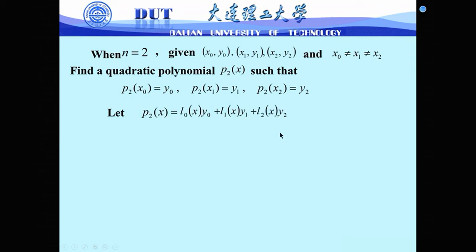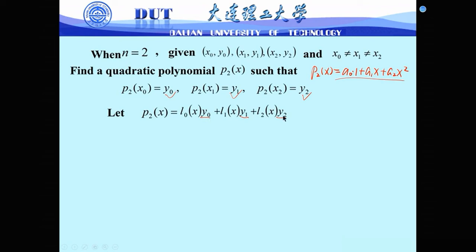Now you see we don't write it in the form a0 multiplied by 1 plus a1 multiplied by x plus a2 multiplied by x squared. We use this form. Now you see y0, y1, y2 are the 3 function values we are given.